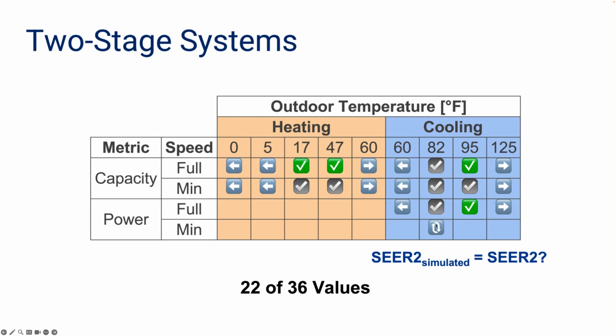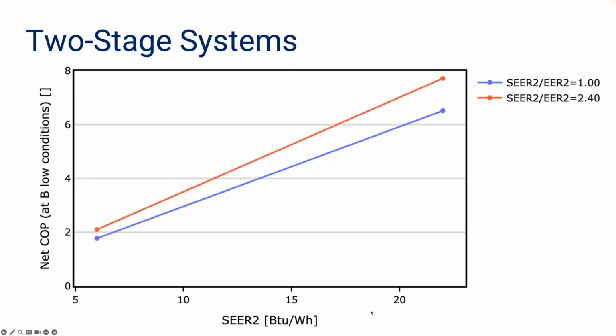This time it's going to be the COP at 82 at minimum speed that would result in the same SEER as that we're calculating. And so we go through that process, we iterate, we find the values, and again, we provide a table. This is a graphical representation of it with data that allows the software developers just to look up what that COP at 82 minimum is.